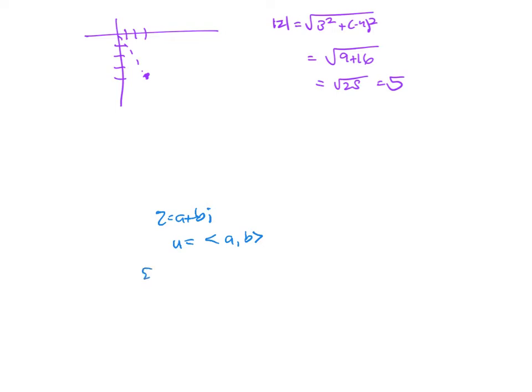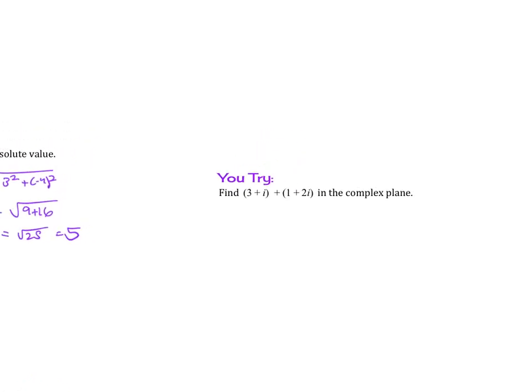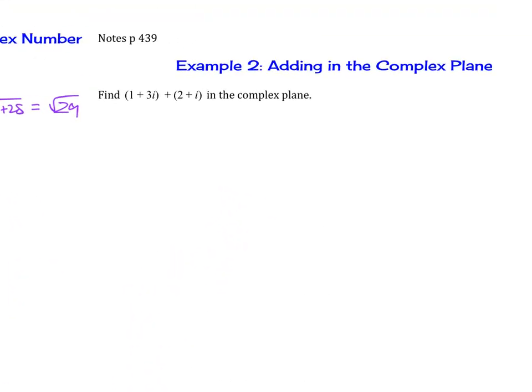For example, if you have z equals 1 plus 2i, then we can write it as a vector u equals (1, 2). And to add complex numbers geometrically, first you represent them as vectors, then you add the vectors together. Okay, so just so you understand what we're doing next.